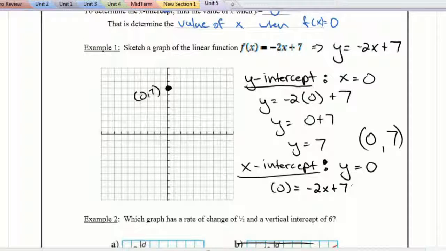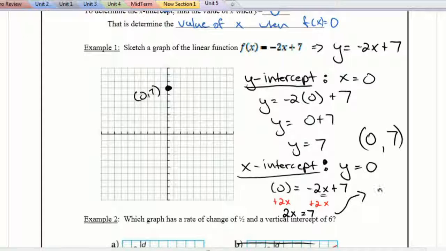So what I'm trying to do is isolate my x value. So I'm going to add 2x to both sides. So I end up with 2x is equal to 7.